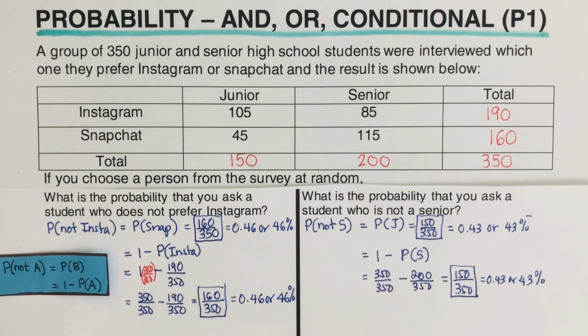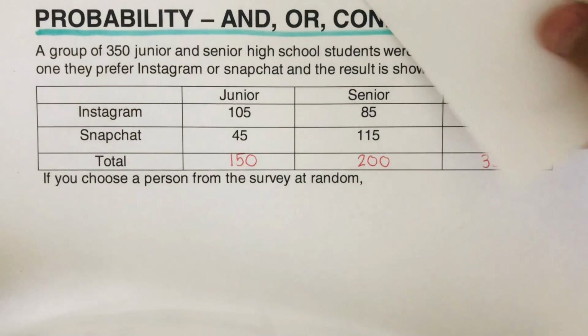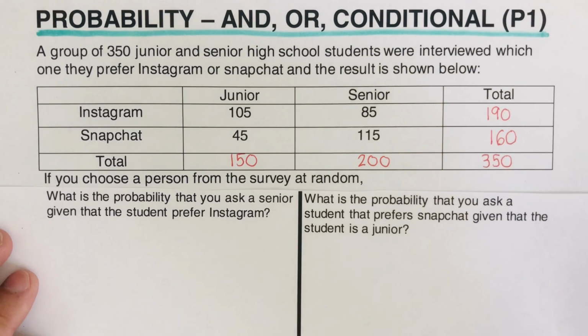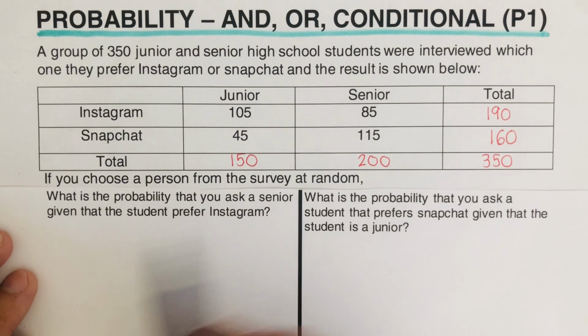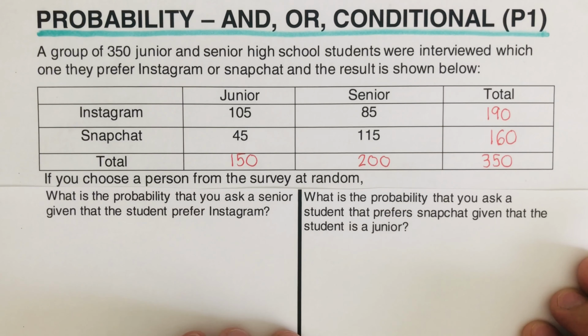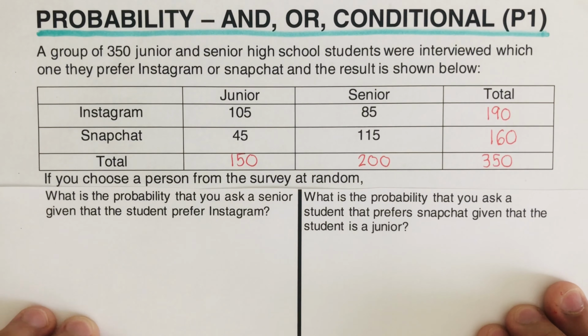Good. Perfect. Now let's have the last example right here. What is the probability that you ask a senior given that a student prefers Instagram? The connector that we have here is given. We're done with and, we had or, so we have given here. So this is how we represent this.